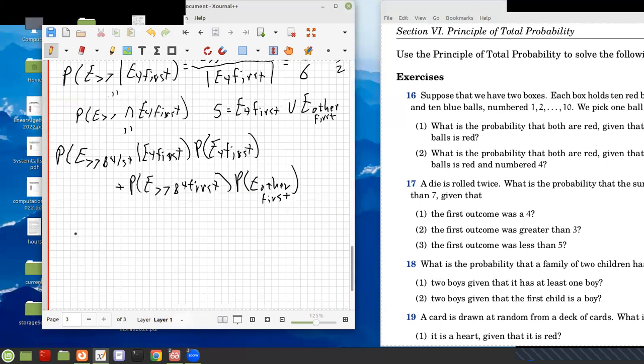So then what is this equal to? I'm calculating this probability here. There's two events in the partition.